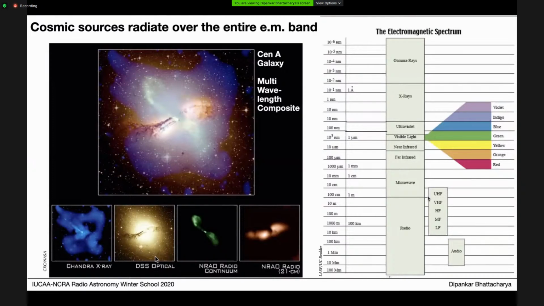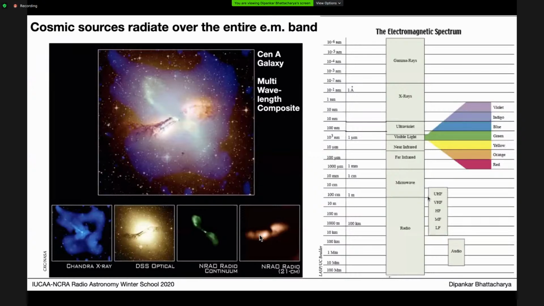The optical view is the one over here. It's a galaxy called Centaurus A. When you look at it in X-rays, the view is quite different. You see a strong jet emanating from the center. If you look at radio, then you do see the presence of the jet and the effect that the jet is having at even larger distances.